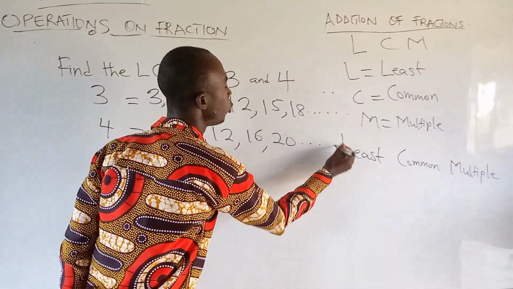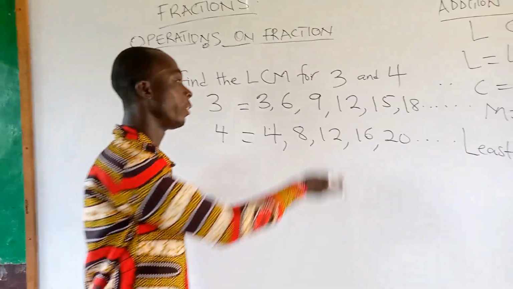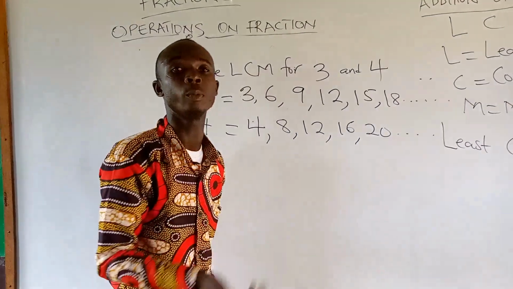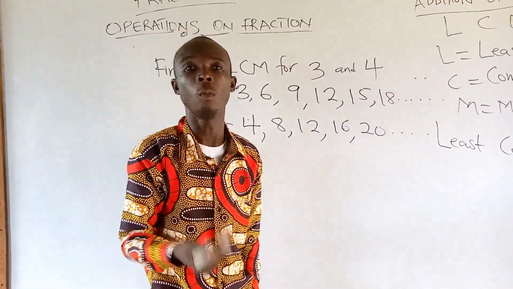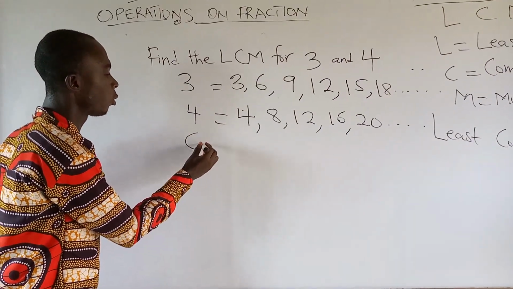There is no need to list all the multiples for these numbers. What we are interested in is to get the common multiple and also the least common multiple. So the next step is our common multiple.